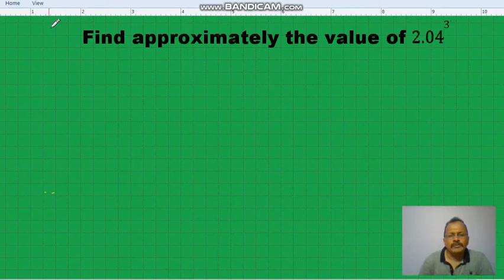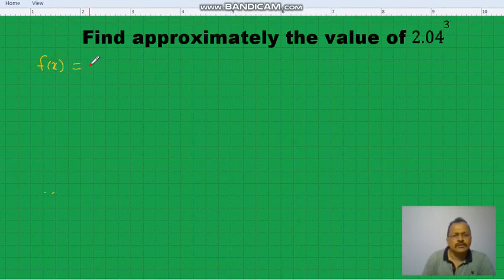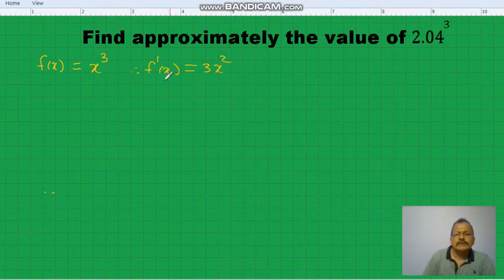The second problem we are taking: find approximately the value of 2.04 bracket cube. Here I am going to take f of x is equal to x cube because I want the cube of some number. This implies f dash x is equal to 3x square. Now take a plus h such that a plus h is equal to 2.04.